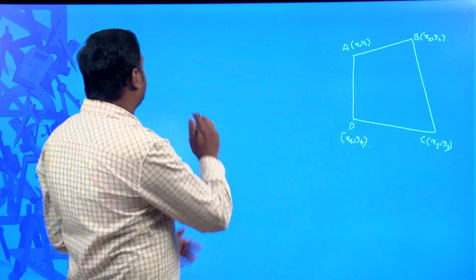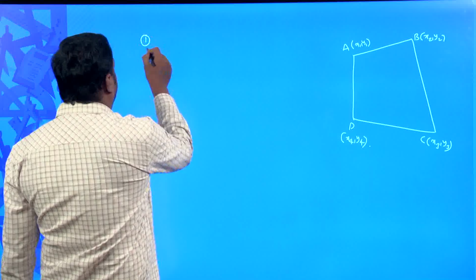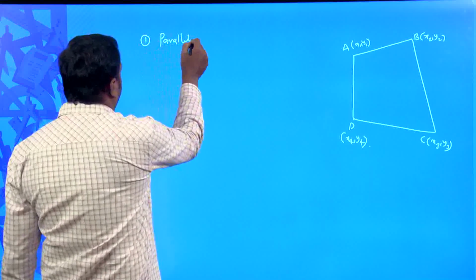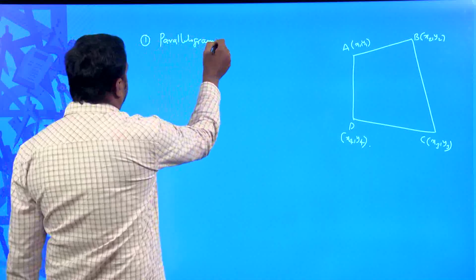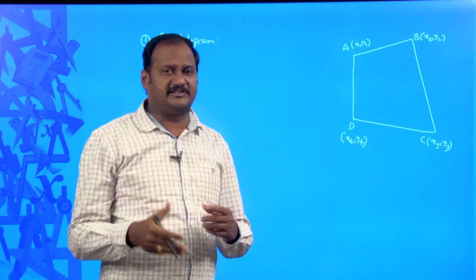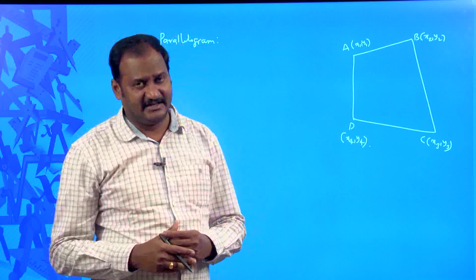So, you are going to prove or verify whether they are the vertices of a parallelogram or not. What are the properties of a parallelogram as per the sides?